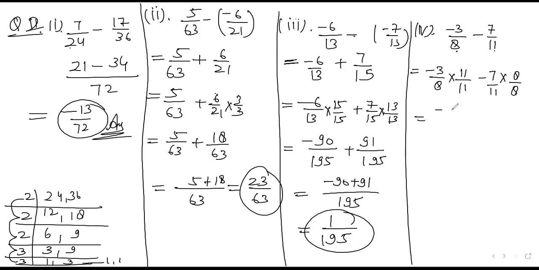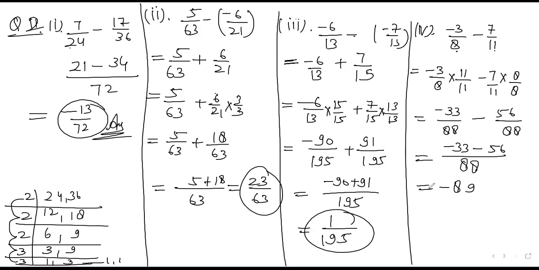So 11 3s are 33 upon 88, minus 8 7s are 56 upon 88. So 88 will be in the denominator, minus 33 minus 56. So 6 3s are 9, 5 3s are 8, 89. Minus 89 upon 88. Okay, so these are the answers.